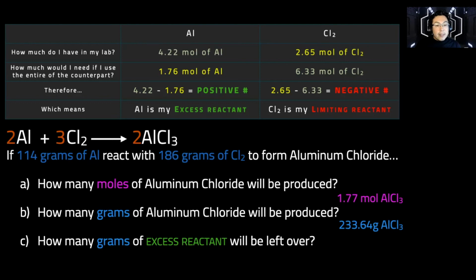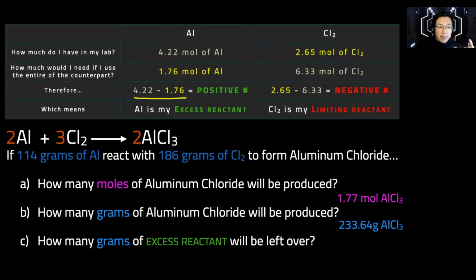Now, the last one is how many grams of excess reactant. So after we do this whole calculation, right, this subtraction, we'll get the number of moles that are remaining for our excess reactant.